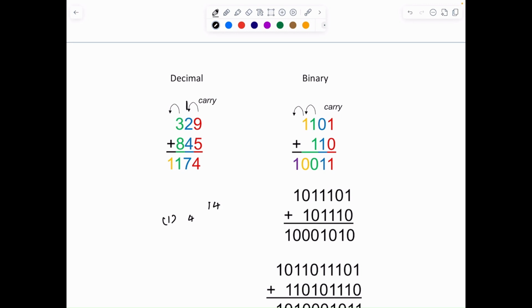Is that clear? Now look here: I have 300s and 800s. 3 plus 8 is 11, so that means I have a 100 and a 1000 represented here. That's how our decimal system computation works.